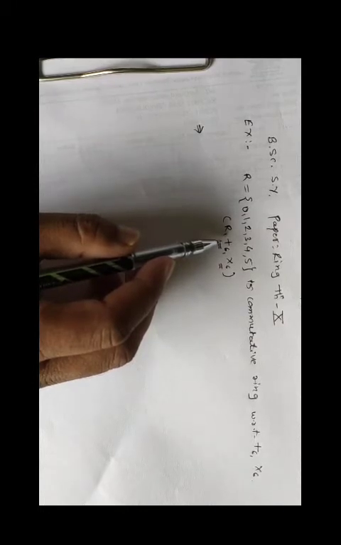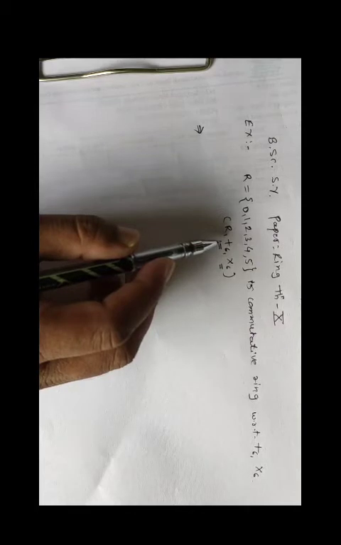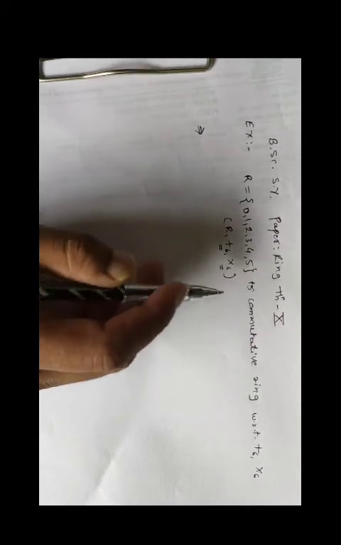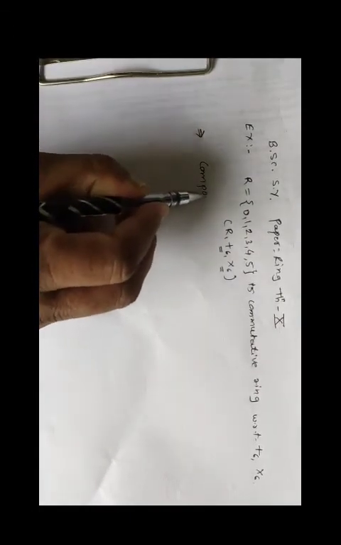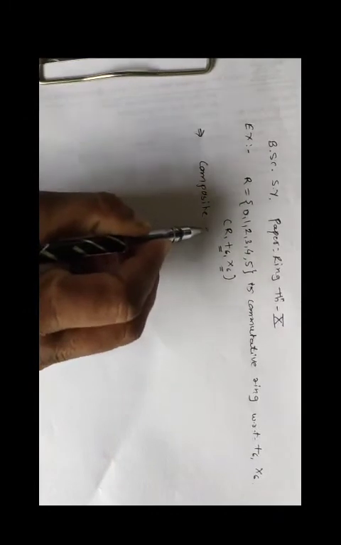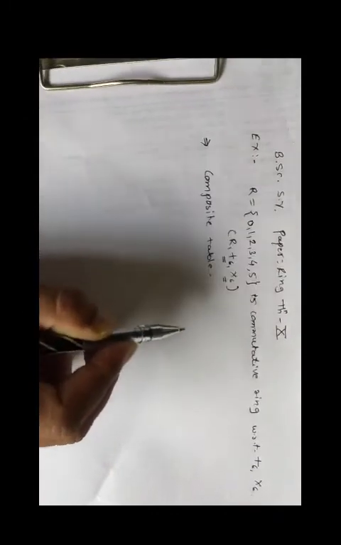But students, we know that we can decide whether the set is a ring by using a composite table. So I am going to draw the composite table. It is very beneficial.